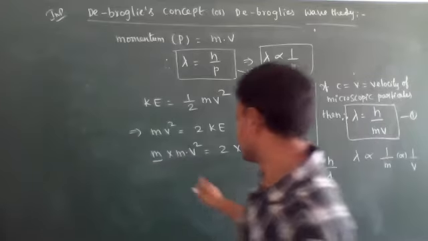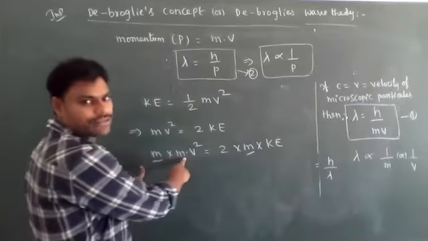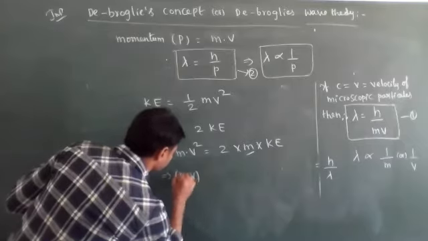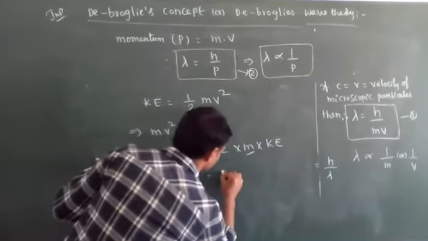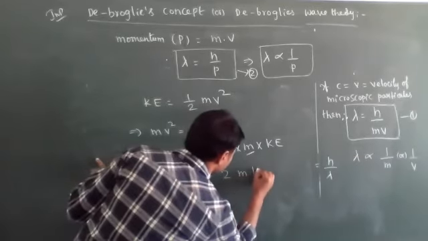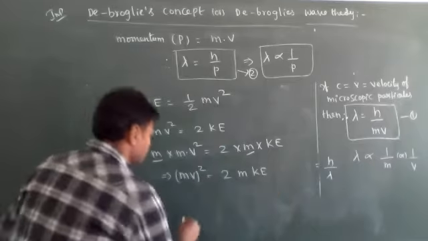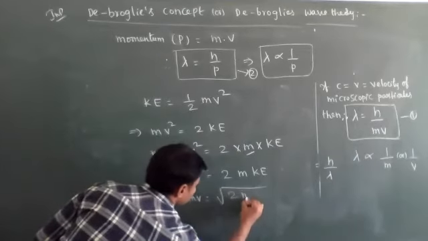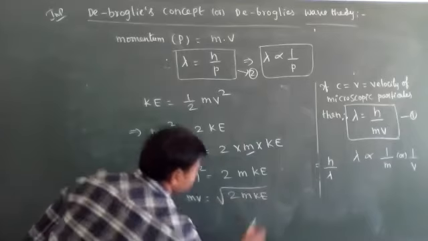So for our convenience, m into m means m square, and m square v square is nothing but mv whole square. The mv whole square is equal to 2m into Ke, kinetic energy. Then mv is equal to root over 2m Ke.